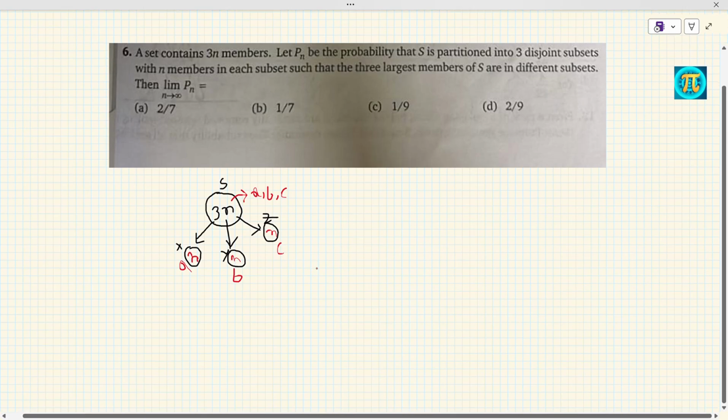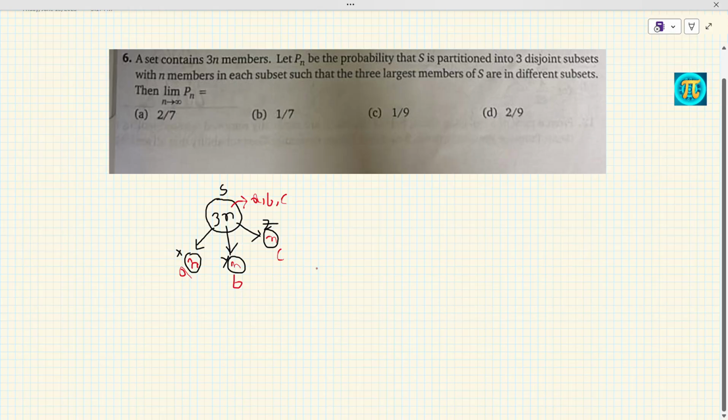So at first we have to find the sample space of this event. So we are going to find the number of elements in the sample space. So it is going to be, at first, n members taken out of 3n. Okay, n members are taken out of 3n.